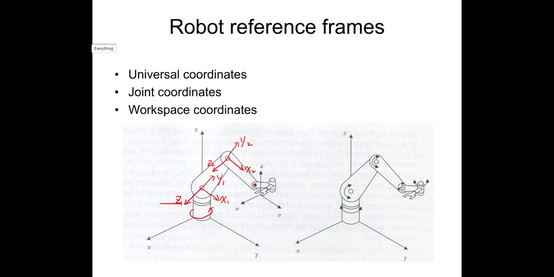In total, we have universal coordinates, and for each of these joints, we have joint coordinates. For each link and each joint, we have a new coordinate system to represent each joint with the following link.